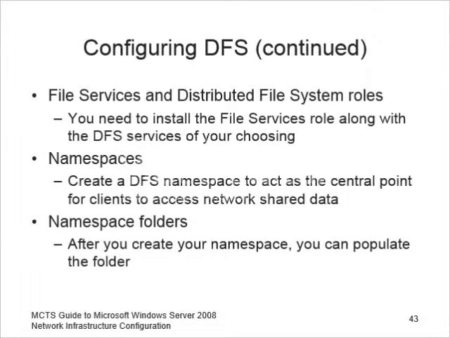Users browsing the namespace will see the folder you add, plus all of the subfolders and files that exist in the target folder beneath it. You can also create folders in the namespace that do not have targets, purely for organizational purposes.